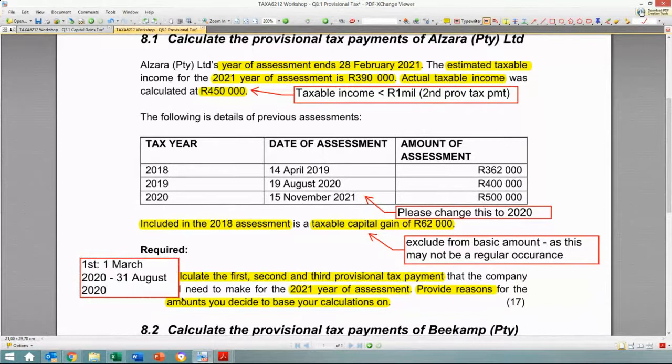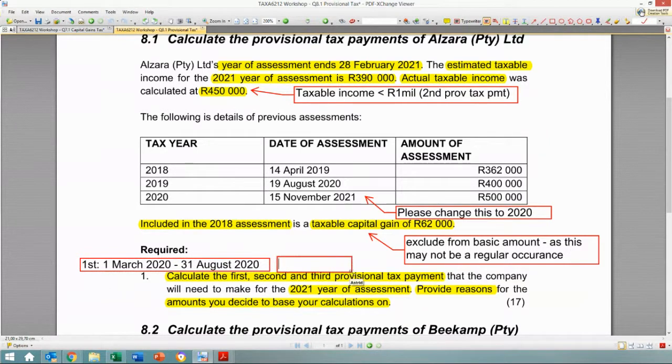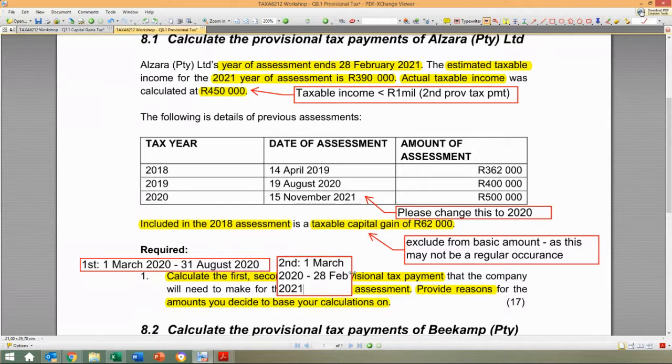So that's your first provisional tax payment. Your second one would then run from 1 March 2020 up to 28 Feb 2021.